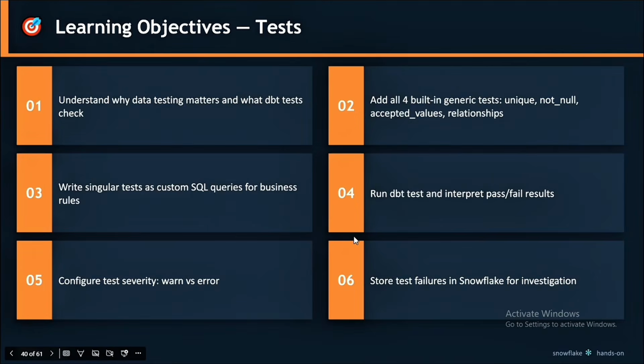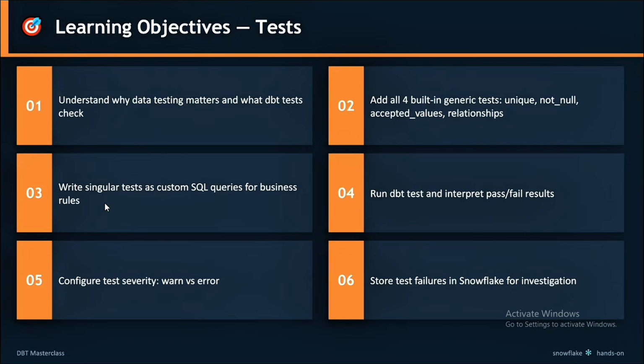Okay, so there are six learning objectives for this DBT test section. We will cover these six points. First is to understand why data testing matters and what DBT test checks. Second is to add all four built-in generic tests: unique, not null, accepted values, and relationships.